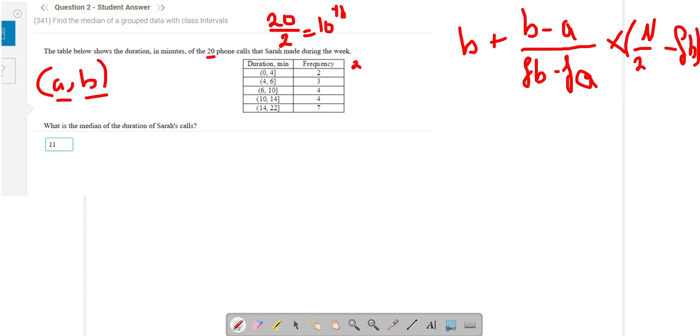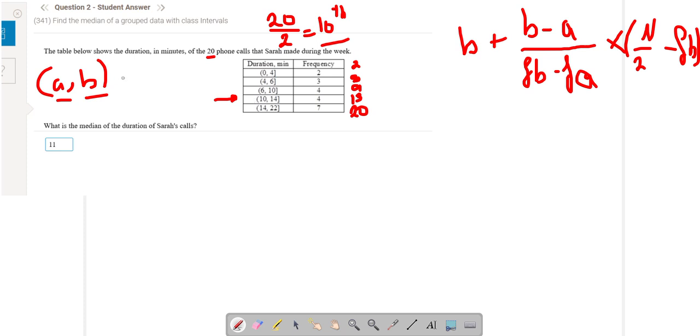Here it's going to be 2, you add 3, here it's going to be 5, you add 4, it's going to be 9, here it's going to be 13, and here it's going to be 20. 2 isn't enough for 10. 5 isn't enough for 10. 9 also isn't enough for 10, but 13 has enough space for 10. So this here is your median class, 10, 14.